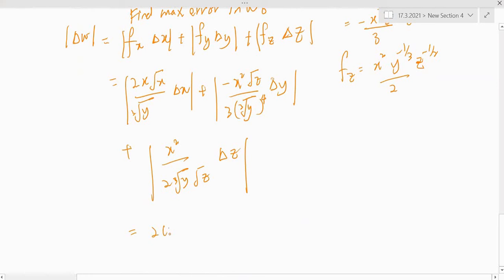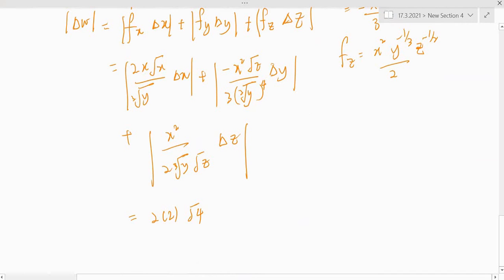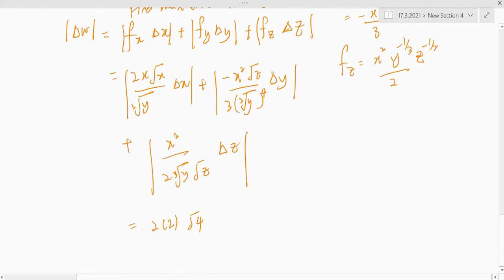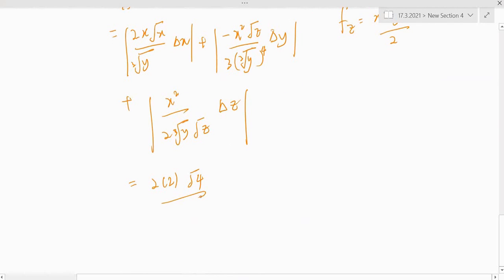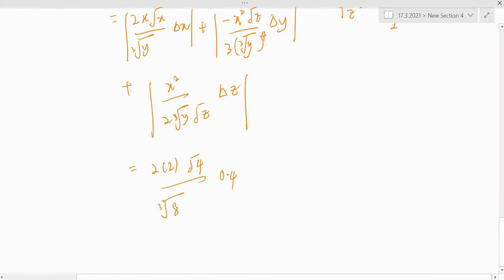2 times 2 is square root 4. X is 2, Y is 8, Z equals to 4. Cube root 8 times with 0.4. Check again. Is delta X 0.4? Yes, 0.4, 0.1, 0.3.